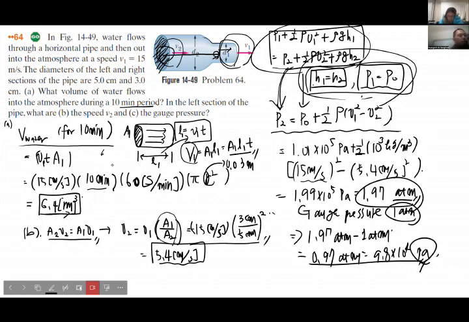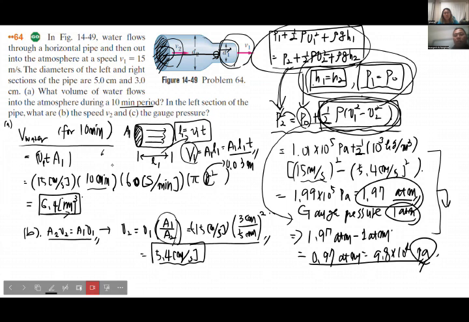Okay. This is actually a solution with extra complexity. Actually, if you move this one to the left-hand side, you only need to calculate this term, and that should be the gauge pressure too.